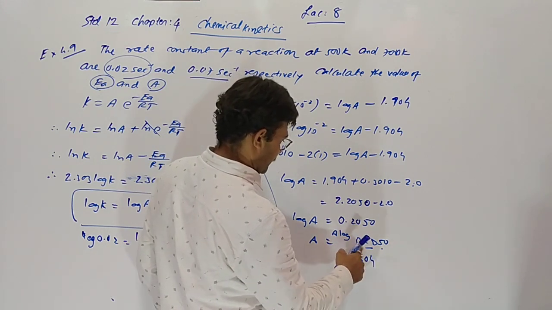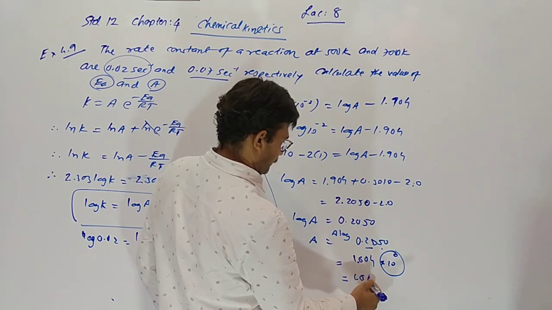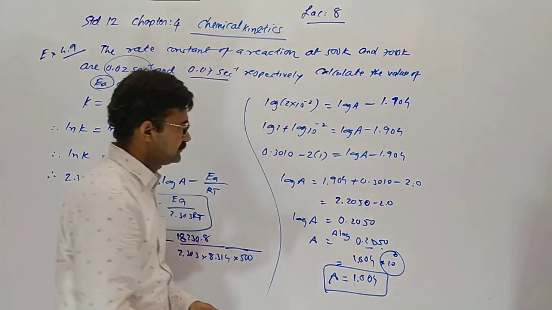After one digit the decimal point, and 10 raised to 0 means 1. So 1.604 is our answer.